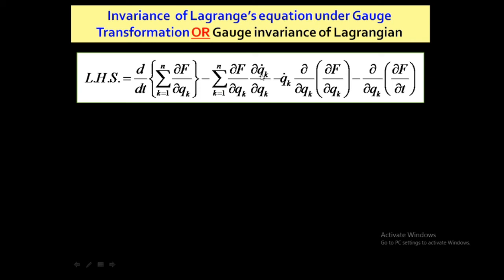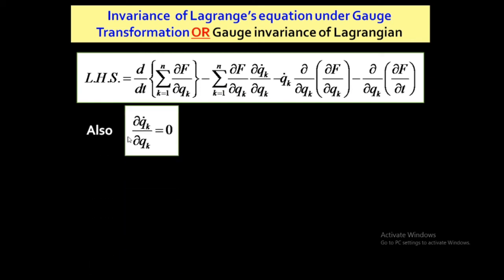So derivative of qk dot with respect to qk is 0. So this term will be 0. Again, we have del qk dot by del qk equal to 0 because qk dot is generalized velocity, qk is position vector, so its derivative with respect to qk is 0. So if I put this as 0, then the second term will also be 0.